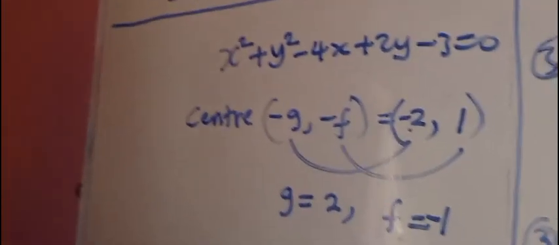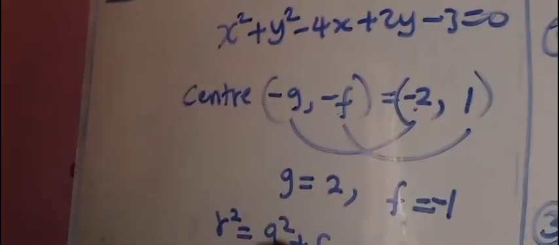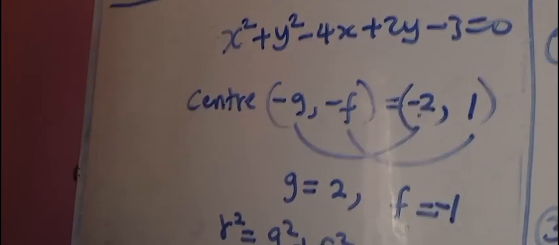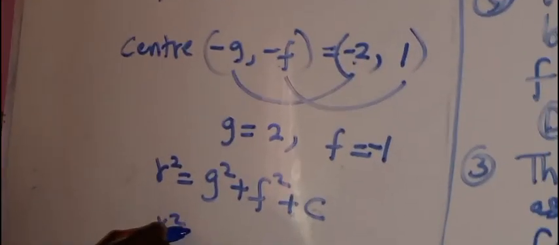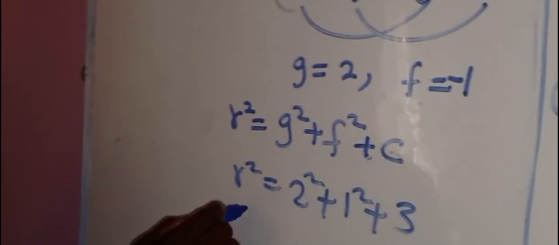Minus 1. So by the time you complete the square and push to the other side, you will get r squared equal to g squared plus f squared plus or minus the constant. But in this case, the constant is minus 3, it turns to plus 3. So r squared will be 2 squared plus 1 squared plus the constant 3.